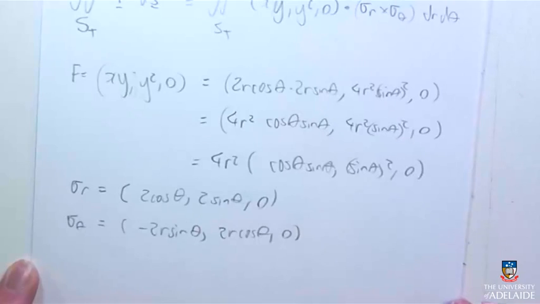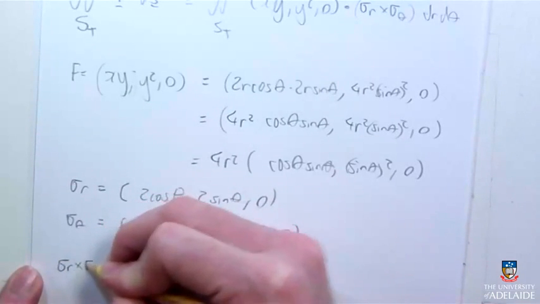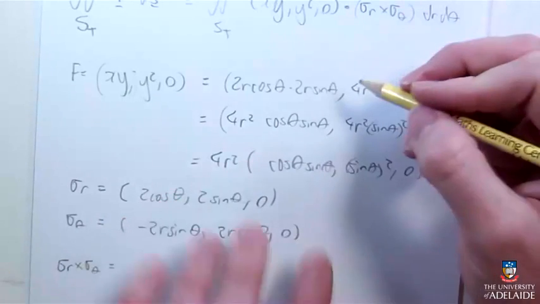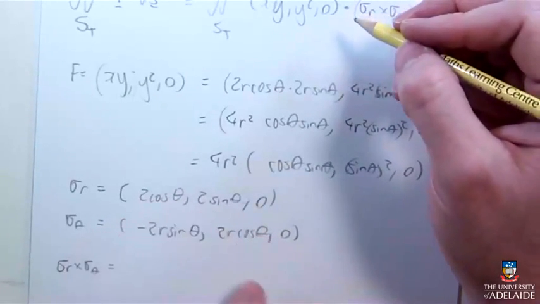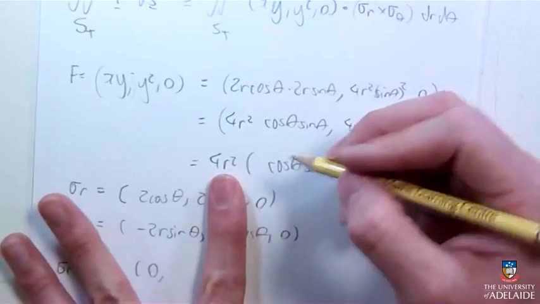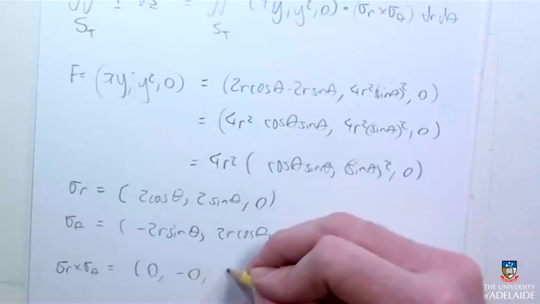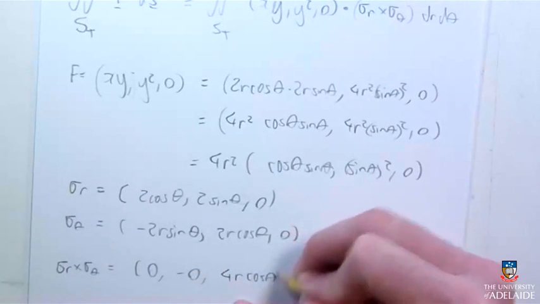The cross product's going to be nice because of those zeros there. So that cross product is 0, that one is 0, and that one is 4r cos theta squared.